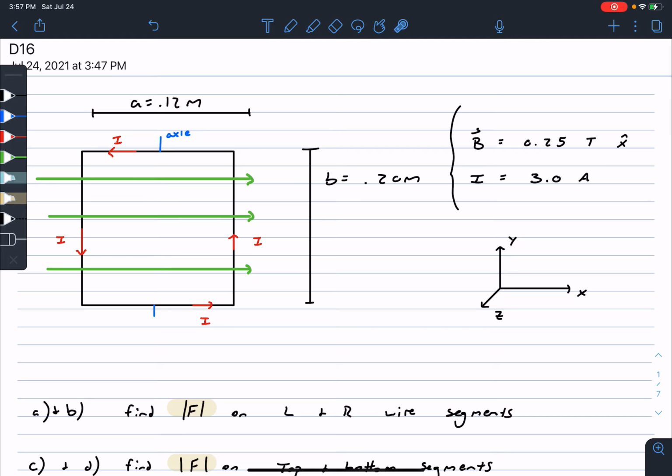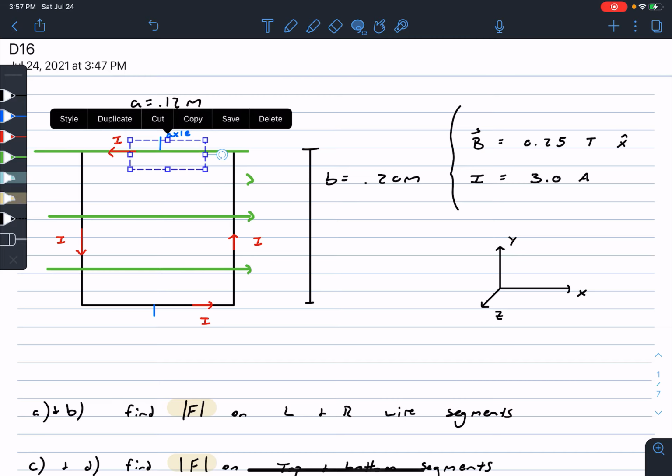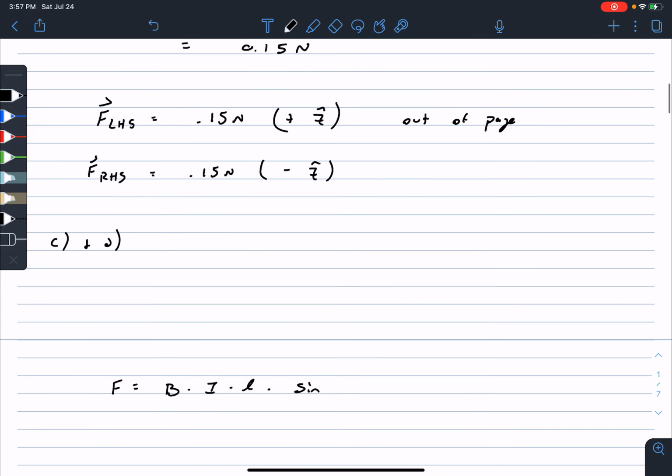Well, for this bottom, it's 0 degrees. There's no angle between them, right? If we move this down, it's the same. They're parallel. Same thing here. This would be 180, right? But sine of 180 is 0. Sine of 0 is 0.